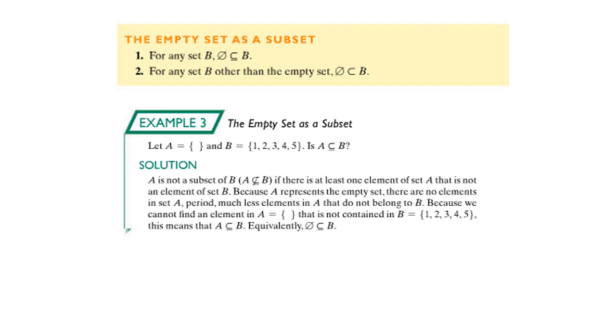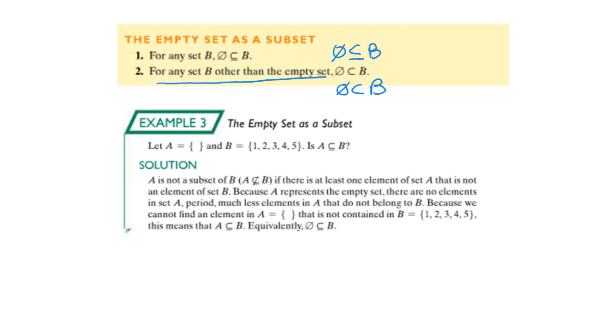The empty set as a subset. So here's another definition for you. It says for any set B, the empty set or null set is a subset of B. For any set B other than the empty set, the empty set is a proper subset of B. So let's take a look at example 3, see if we can make some sense of this definition.